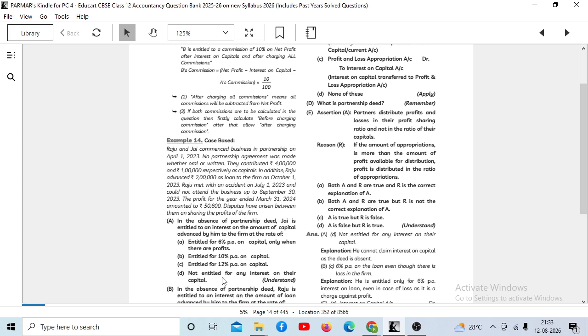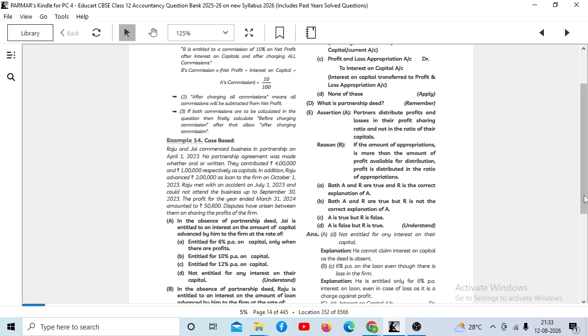Yes, even I think it's option D. Why? Because there is absence of a partnership deed. So since there is no agreement, they have to follow the Partnership Act, right? And the Partnership Act tells that if there is no agreement, then no interest on capital. Clear? So the correct answer is D, right?